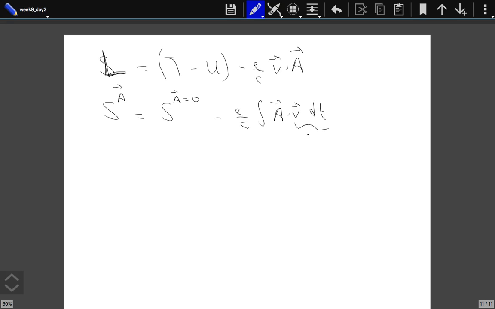But v dt is nothing but dl. So this is S_A equal to S_0 minus e over c A dot dl.